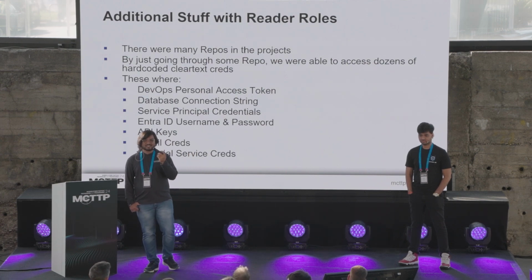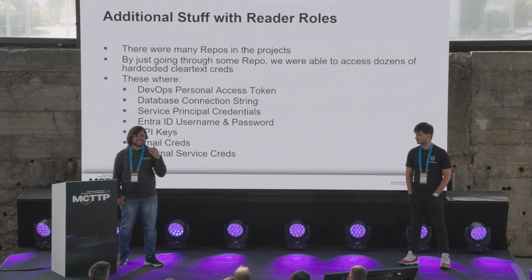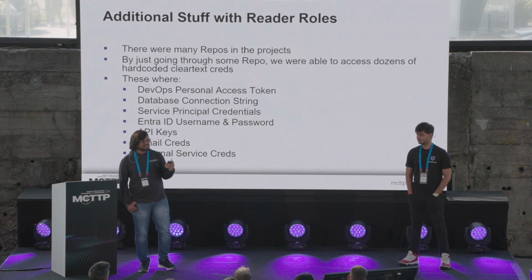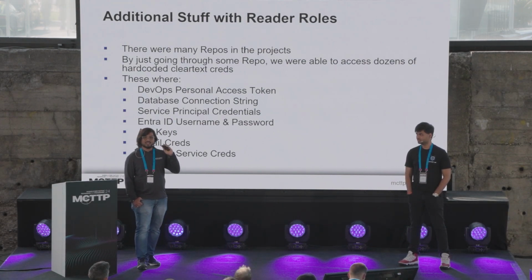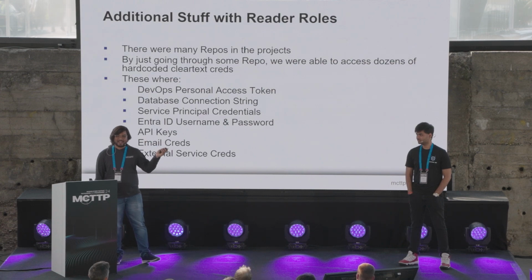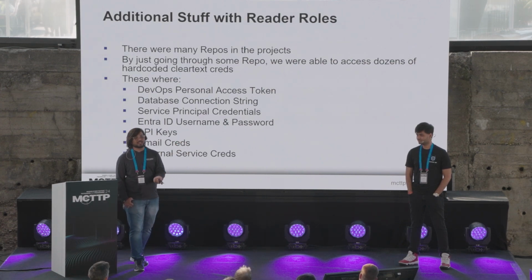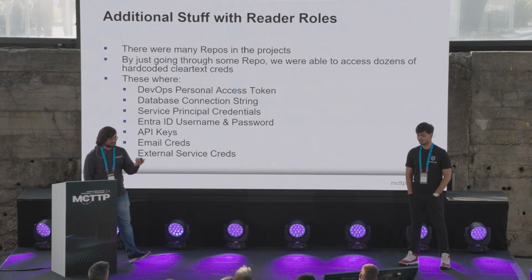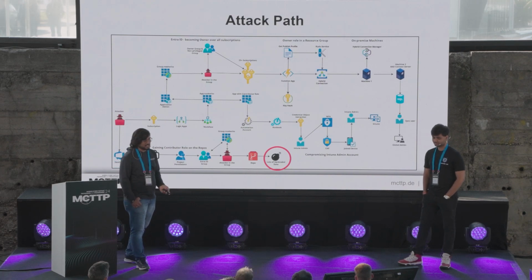All those credentials were working credentials. A few of the Gmail credentials had MFA, but most of the other credentials were open. We also found access to one of the financial applications that the client was using, because the credentials were hard-coded in one of the repos. So this indeed allowed us to get access to a lot of hard-coded credentials.